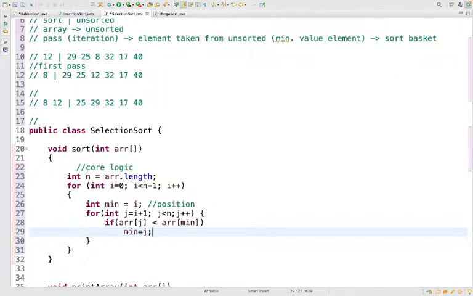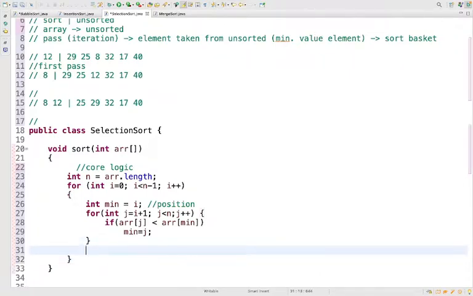Now, once we find the minimum position value, that there is a value at a particular position min which is lesser than the original assigned value, we swap the element out of it.